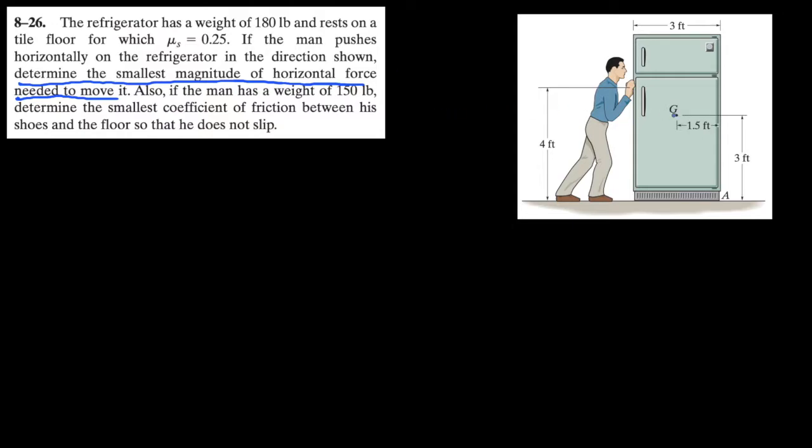So first, let's look at this fridge here. Let's sketch it out as a rigid body. So this is our fridge. We know that this refrigerator has a weight of 180 pounds. This is the center of mass because it is a rectangular object and it has a center of mass at that location.